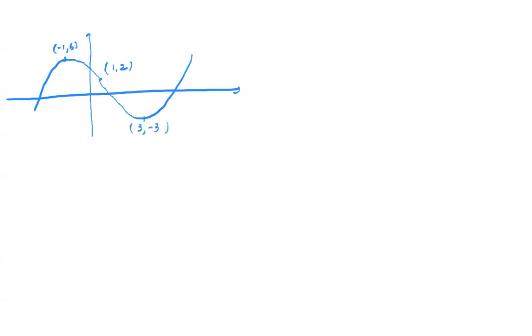Okay, now this is my y equal to fx. Okay, now from y equal to fx graph, I'm going to sketch the f prime x sign diagram first, okay? Before you sketch your f prime x graph, sketch the f prime x sign diagram first, okay?